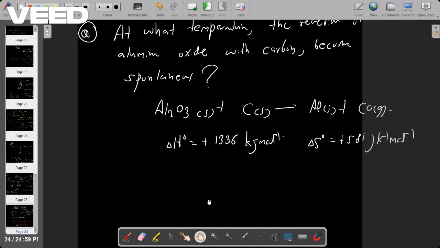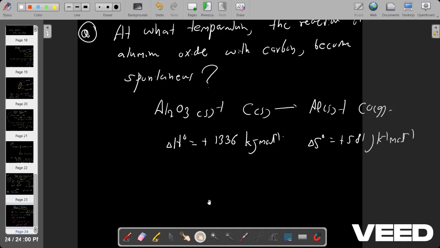Find at what temperature it becomes spontaneous, or the minimum temperature at which it becomes spontaneous. How do you find that?